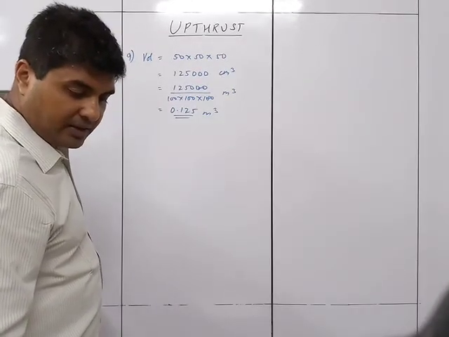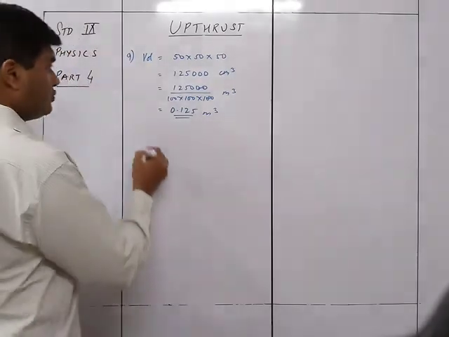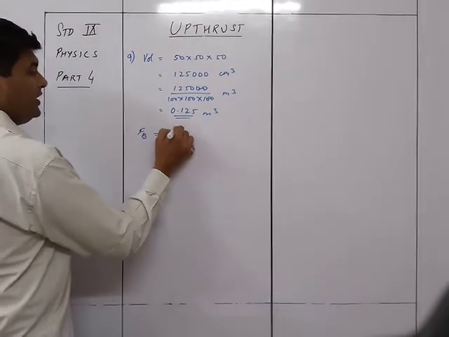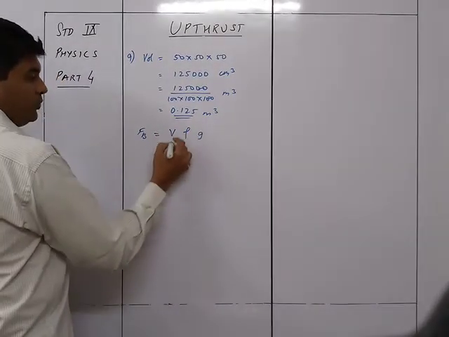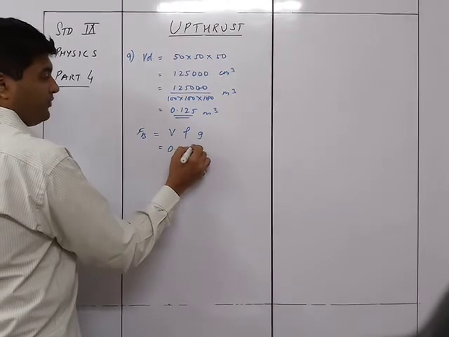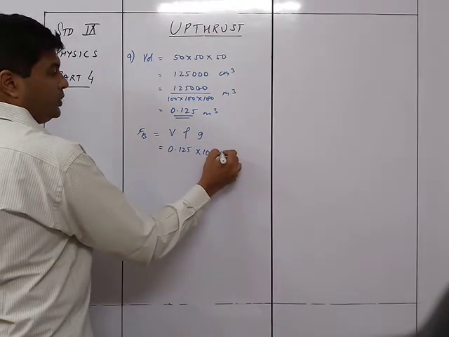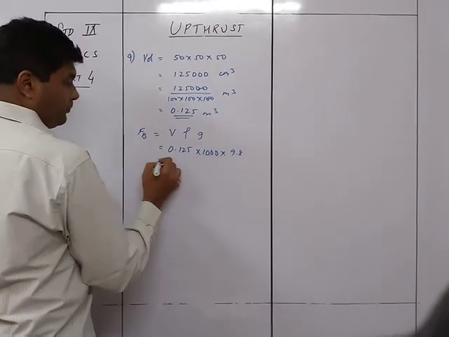What will be the buoyant force FB? FB will be equal to V rho G. So we know this is 0.125 into 1000 into G, which is 9.8.